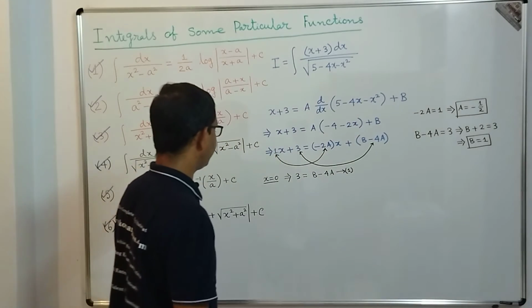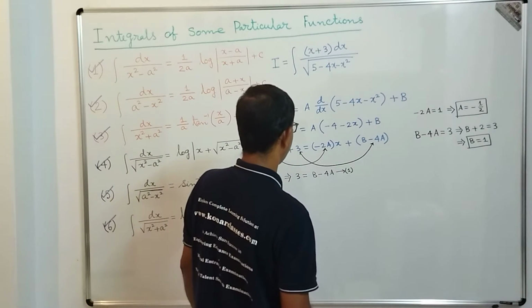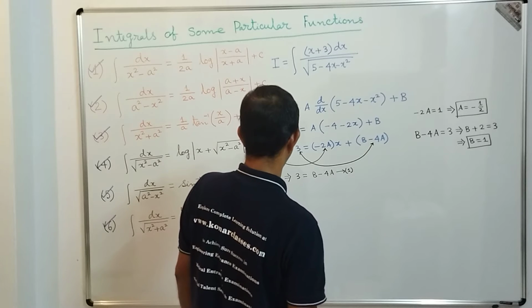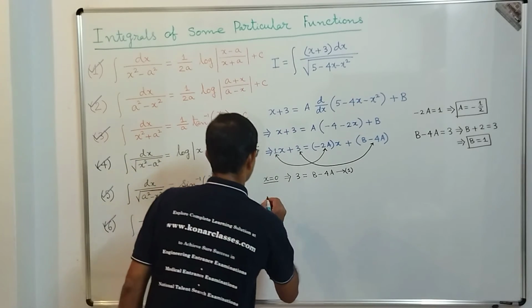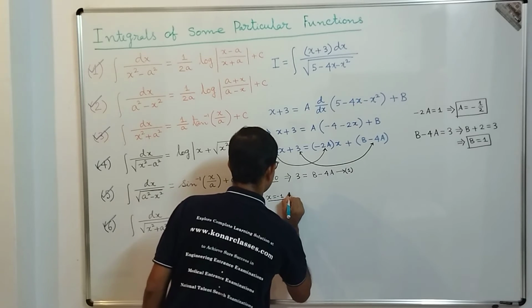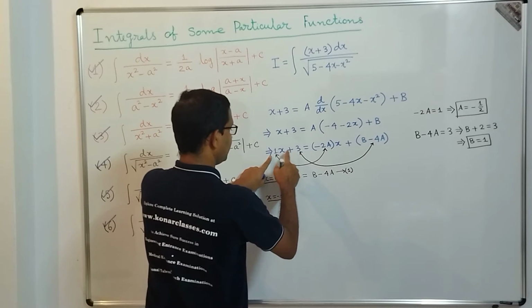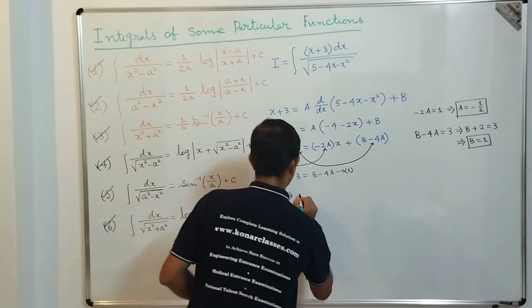Now we can apply another value of x. Suppose we apply x equal to minus 1. On the left hand side we get minus 1 plus 3, that means 2.